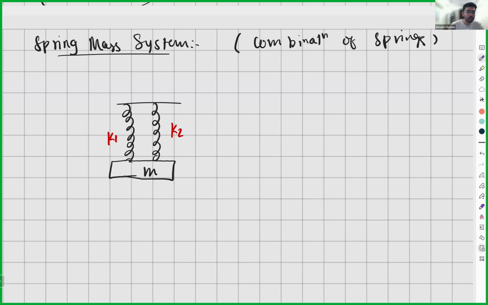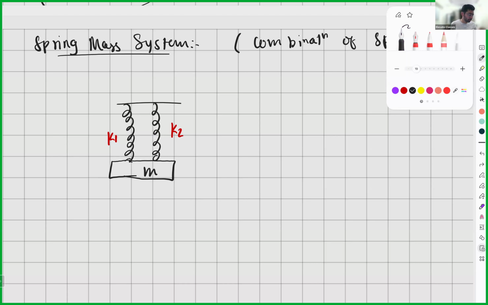In such a case, when you move it through a displacement, let us say y, there will be two restoring forces in the system, and those restoring forces add up on the mass. So this type of combination of springs means that you have to add K1 and K2, because the restoring forces add up when you make the equation of motion of the system.